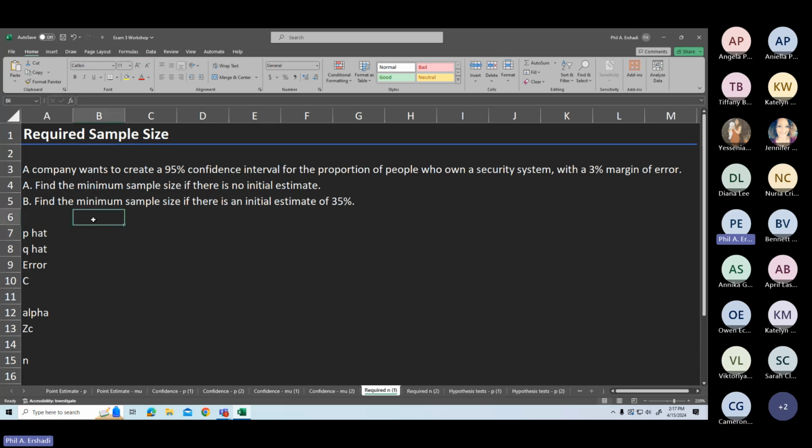We're going to have a part A and a part B. So this question says that we want a 95% confidence interval for the proportion of people who own a security system with a 3% margin of error. And we're asked to find the minimum sample size.